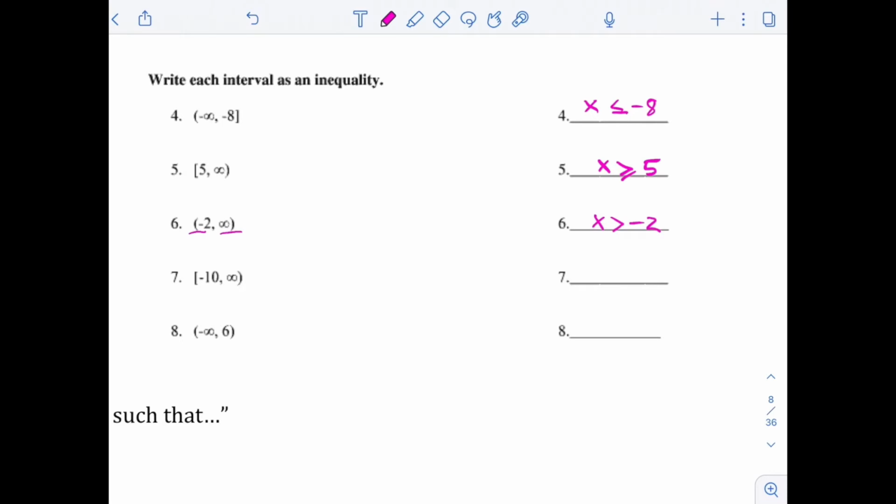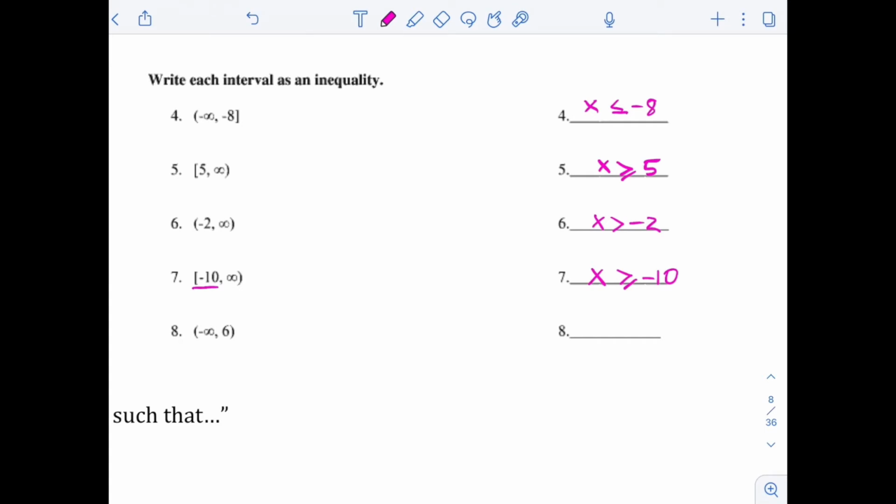Over here, you have a bracket at -10 to positive infinity. It goes to the right. So that means the variable x would be greater than or equal to -10, because it takes all numbers that are larger than -10. With the bracket, it tells me that -10 is also included.